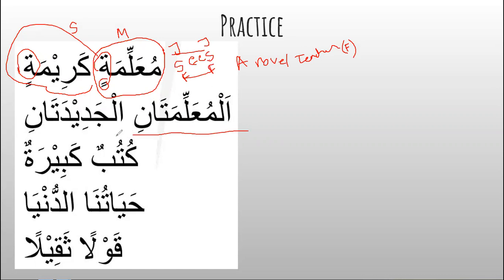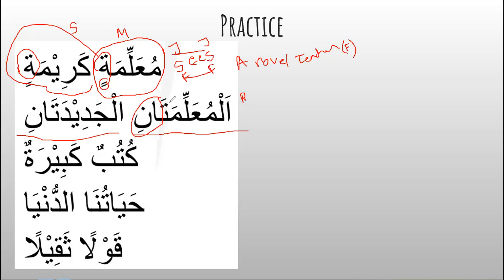Muallimatani jadidatani, al muallimatani, al jadidatani. It sounds familiar, but you have to find out whether all the four properties match or not. Muallimatani, ani ending.